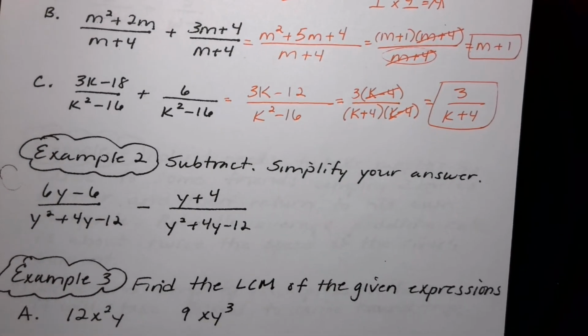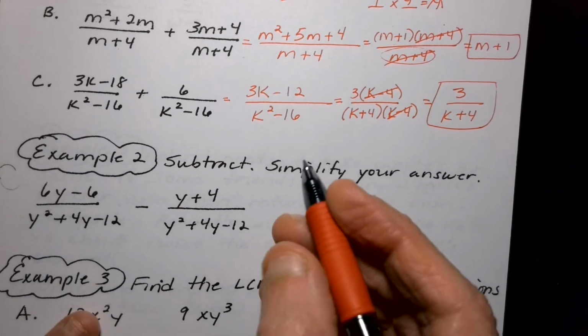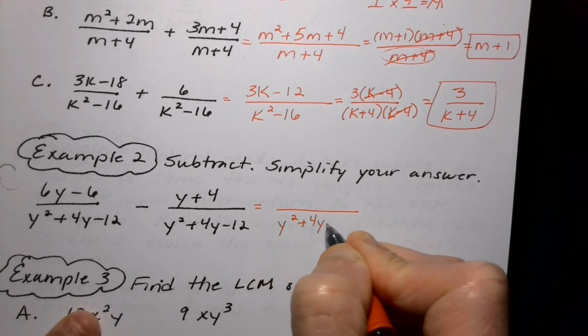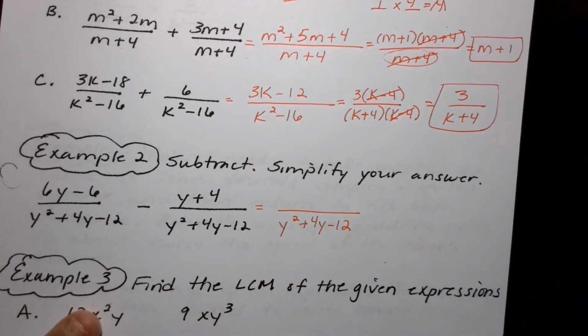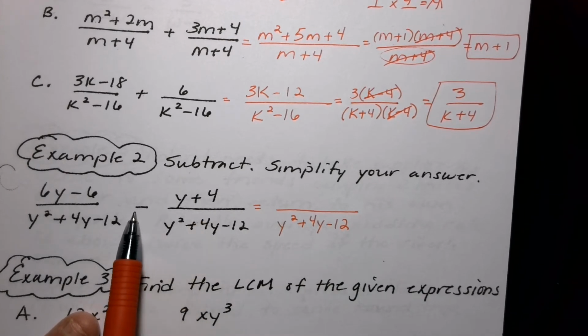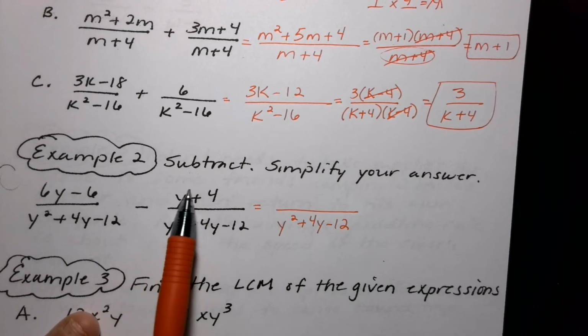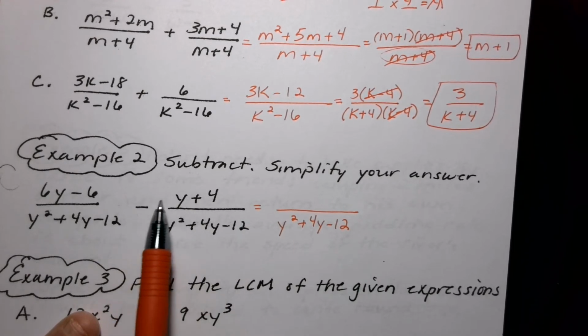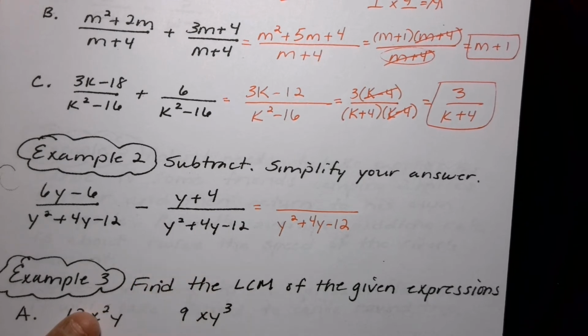All right, this one looks a little more complicated, but the bottom is still the same. So we are going to move forward now, keep the bottom the same. And notice the difference here. We're subtracting. That does add an extra element right here, because this subtraction sign has to be distributed to both, or any, if there's 5 things up here, it would have to be distributed to all of them.